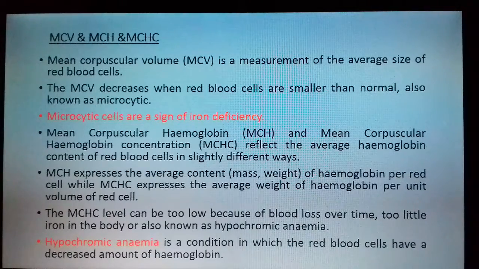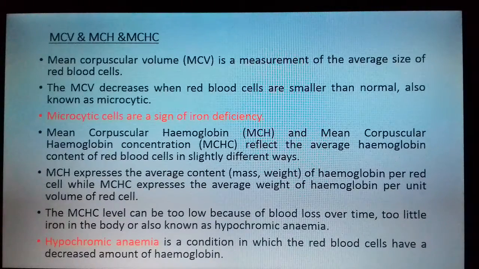Mean corpuscular hemoglobin (MCH) and mean corpuscular hemoglobin concentration (MCHC) reflect the average hemoglobin content of red blood cells in slightly different ways. MCH expresses the average content, the mass and weight of hemoglobin per red cell, while MCHC expresses the average weight of hemoglobin per unit volume of red cells.